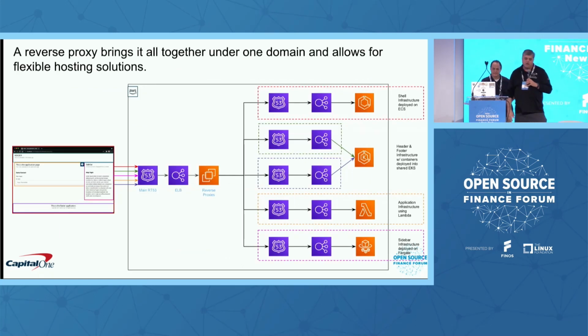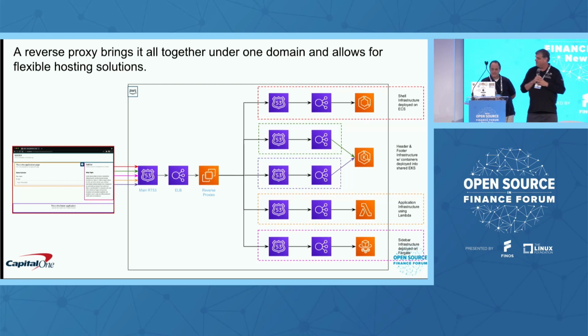Then we get to how we make this a little more federated. So that reverse proxy I mentioned brings it all together under one domain and allows for very flexible hosting solutions. So Capital One's all in on the cloud, so I'm going to focus on AWS here. But you won't be limited to AWS because you could point to a whole different cloud provider if you wanted to.